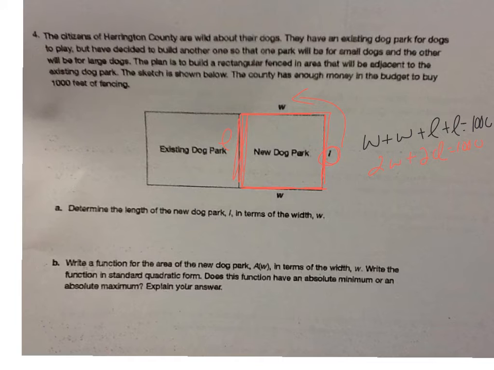So they want you to determine the length. So they want to know this in terms of W. So we want to get L by itself, this in terms of W. So in order to do that, we have to subtract 2W from both sides. And I would have 2L equals 1,000 minus 2W. And now we want L by itself, so we're going to divide everything by 2.